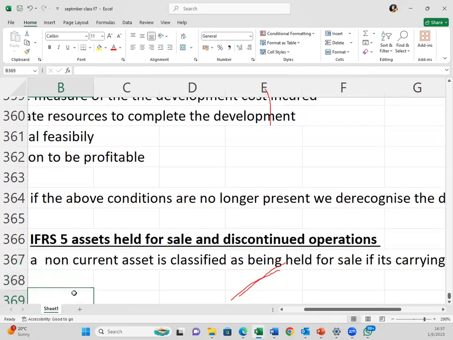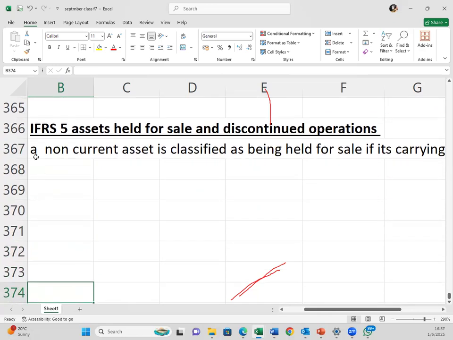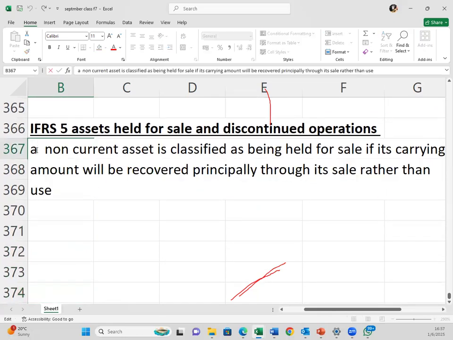So a non-current asset that we classify as being held for sale, we are saying we are likely to benefit from selling this non-current asset rather than to keep using. There are conditions that are showing that we are planning to sell this non-current asset. So it's highly probable that we are going to sell this non-current asset. Of course, we have not sold it, but conditions are showing that we are going to sell the asset.